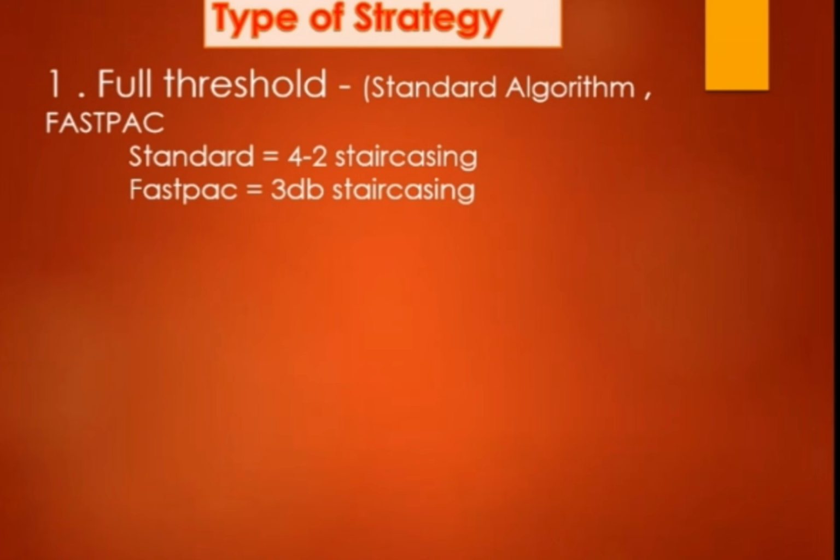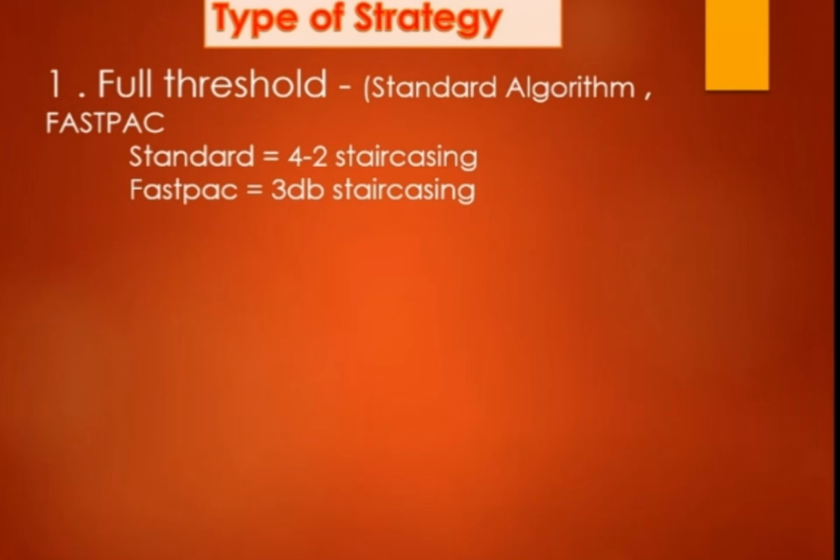So we talked about the full threshold. The full threshold has a standard which makes use of 4-2 staircasing. It also has a fast pack which makes use of 3 decibel staircasing. For the 4-2 staircasing or bracketing, this simply means that when the test is started, the machine projects a particular light of a particular intensity to a particular retinal point.